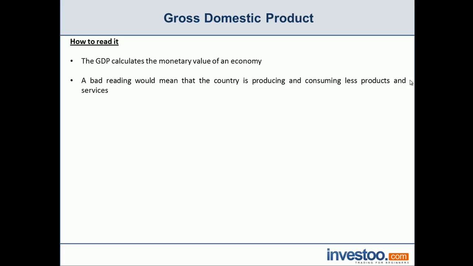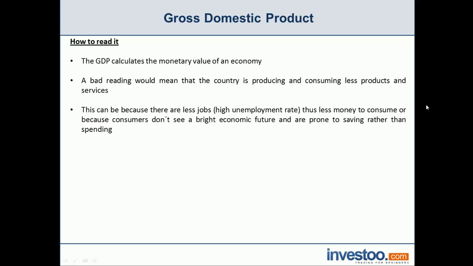Okay, since the GDP calculates the entire products and services produced by a country, a bad reading would mean that the country is producing less than last year, and this can be because there are fewer jobs or a high unemployment rate, thus less money to consume.